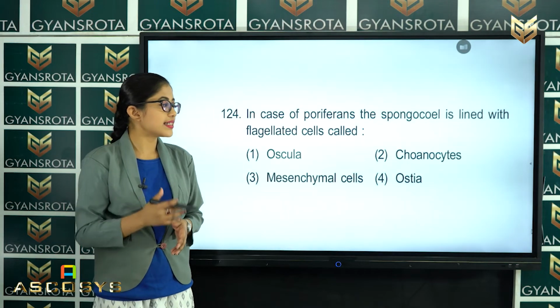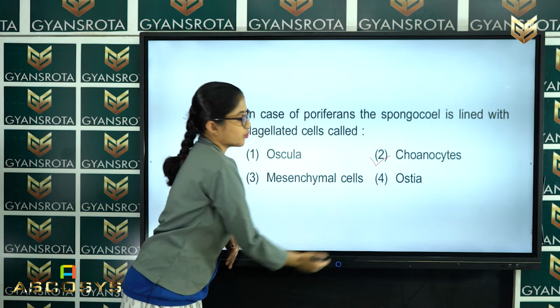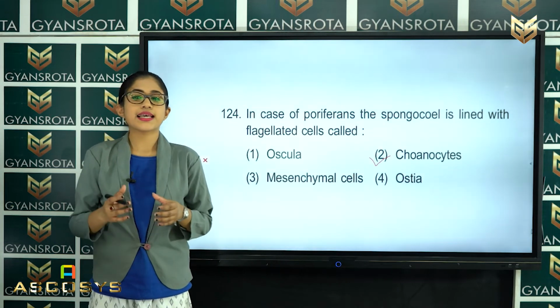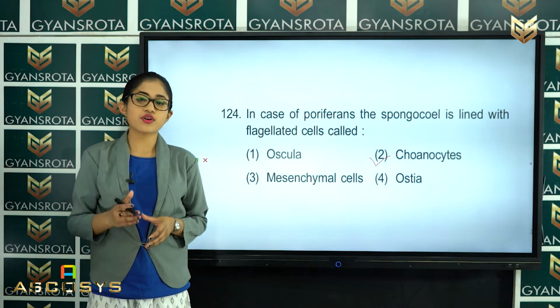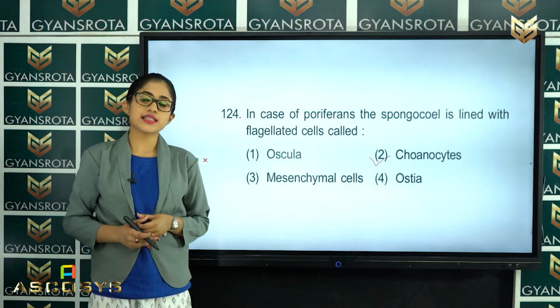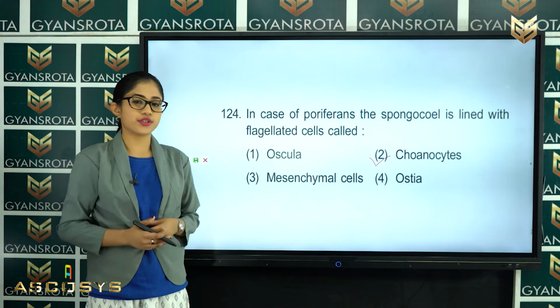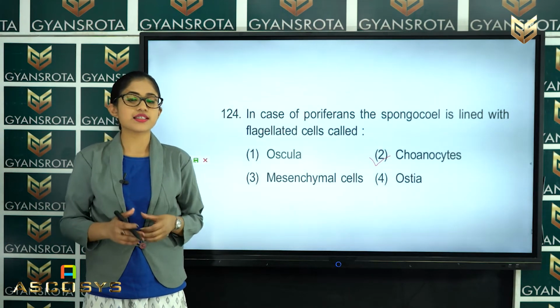So, what is the correct answer of this question? That is option number 2. So, in the case of poriferans, the spongocoel is lined with flagellated cells and these flagellated cells are called choanocytes. So, that is the correct option. Now, let us move on to the next question.